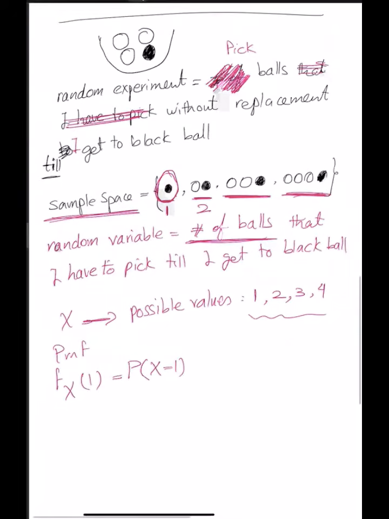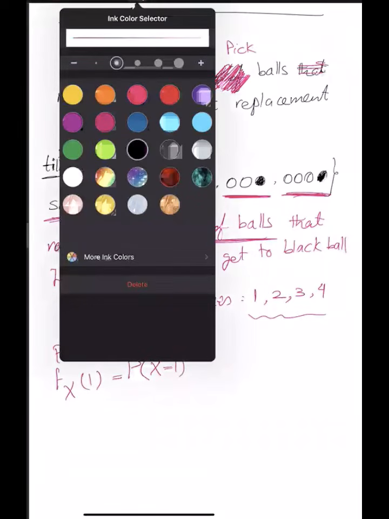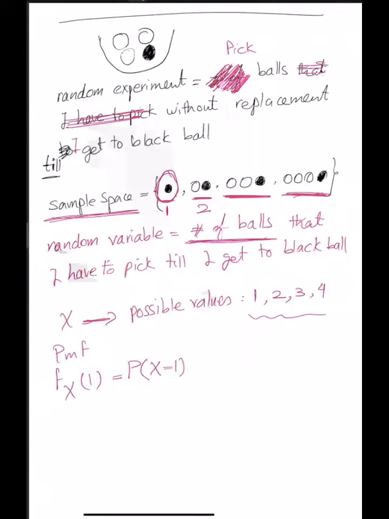What is the chance that it happens? You pick a ball from a jar that has 4 balls, one of them is black. What is the chance that the first ball you pick is a black ball? 1 out of 4. Can you repeat one more time, sorry? 1 over 4. 1 over 4, exactly.